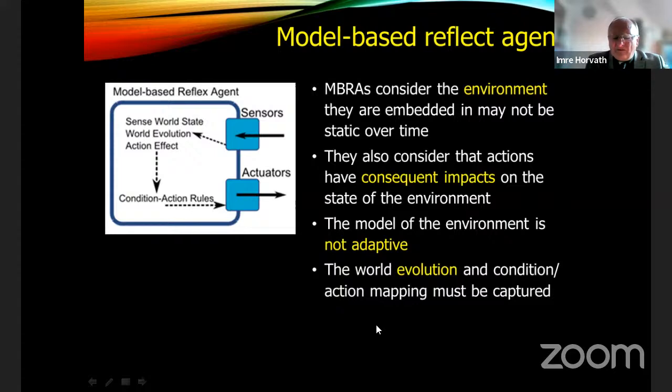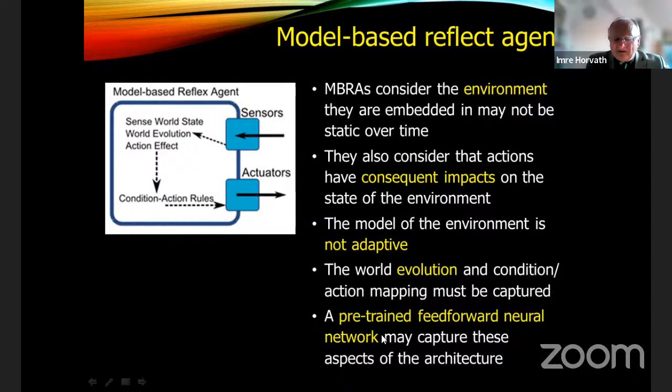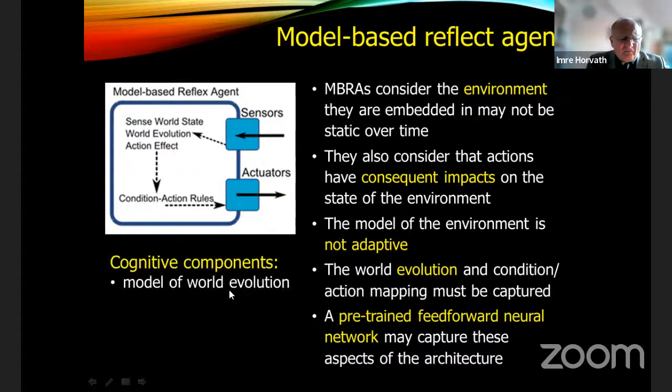The world evolution and the condition action mapping must be captured, and a pre-trained feed-forward neural network is a proper practical implementation of this type of reflex agent. Here, the cognitive components are the model of the world evolution, condition action rules, and a model of action effect.